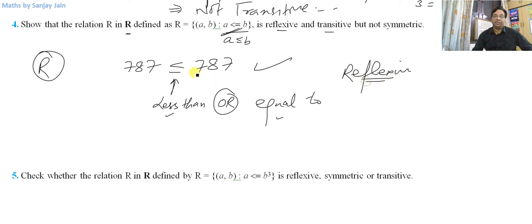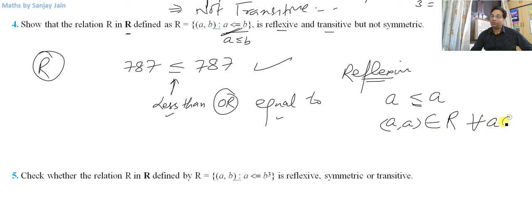For that matter, any real number A is less than or equal to itself, because it is equal to itself. So I can say (A, A) belongs to this relation R for all A belonging to the set of real numbers R. Hence this relation is reflexive.